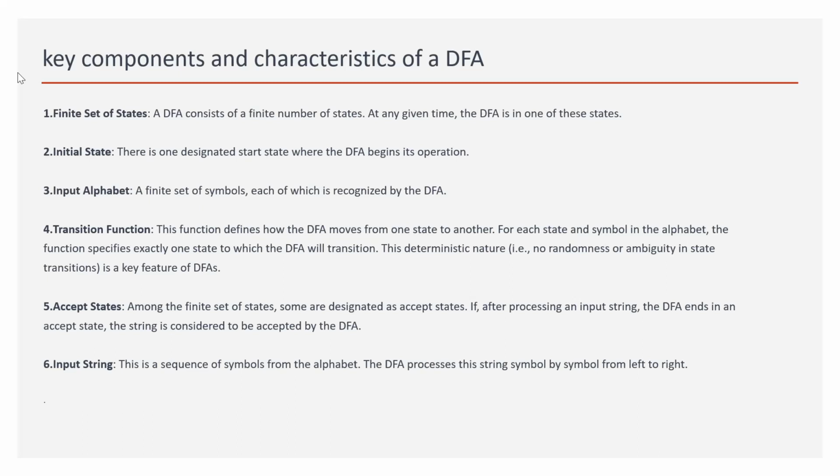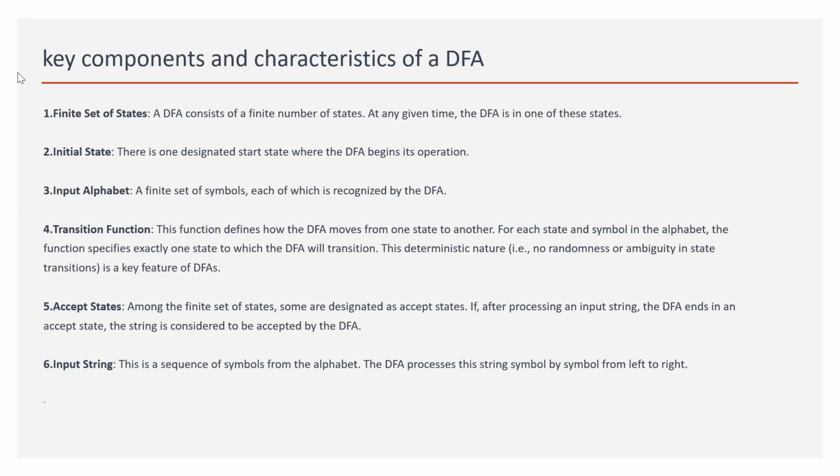Transition function: the function determines how the DFA moves from one state to another. For each state and symbol in the alphabet, the function specifies exactly one state to which the DFA will transition. The deterministic nature, that is no randomness or ambiguity in state transition, is a key feature of a DFA.